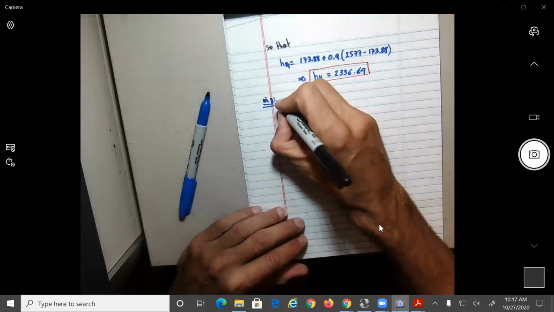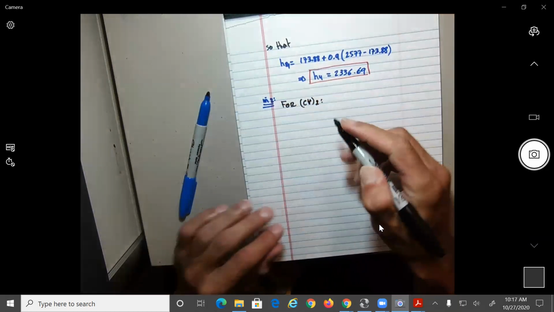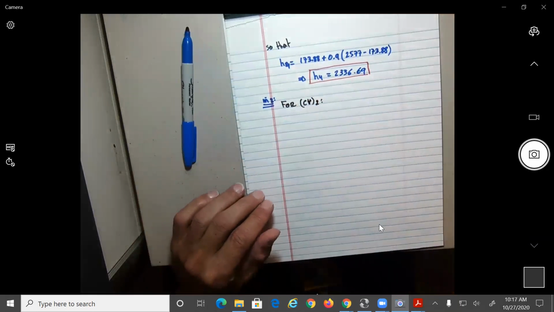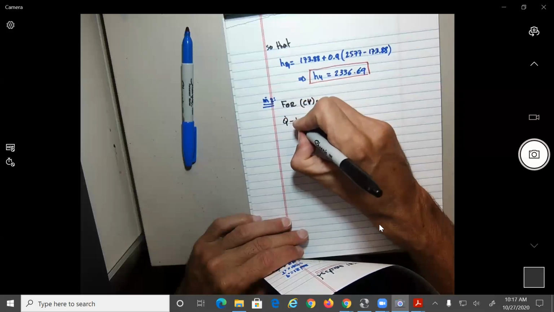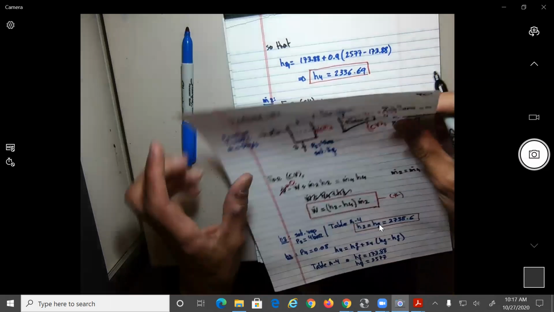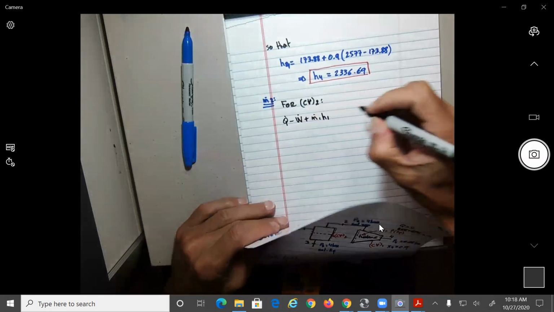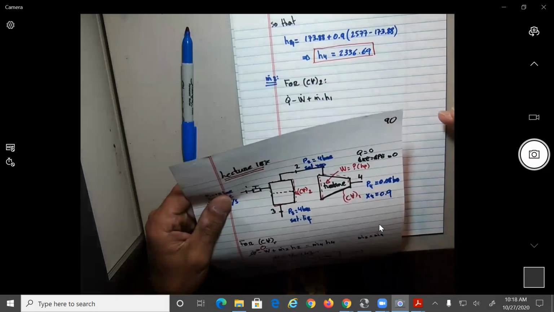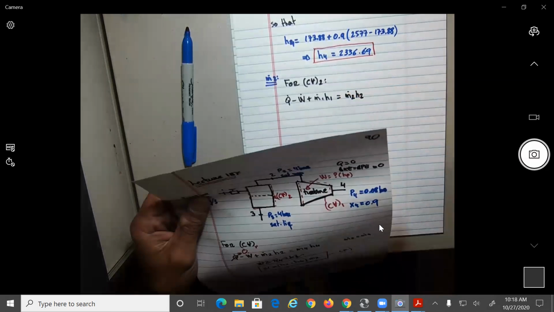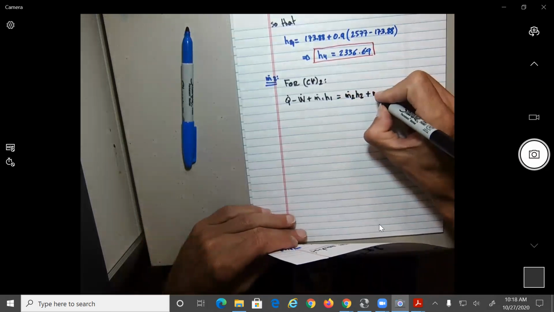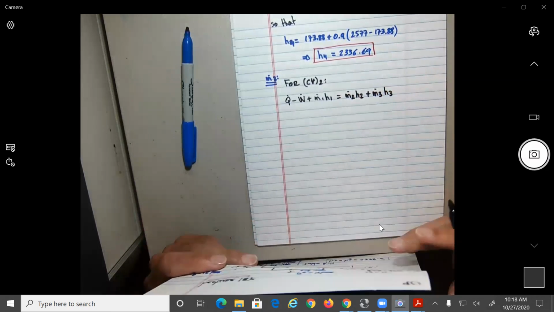So for control volume 2, and this is important that you let me know for which control volume, okay? For this control volume, we're going to have again Q dot minus work plus what is coming in, M dot 1 H1, and now what is coming out will be M dot 2 H2 plus M dot 3 H3.